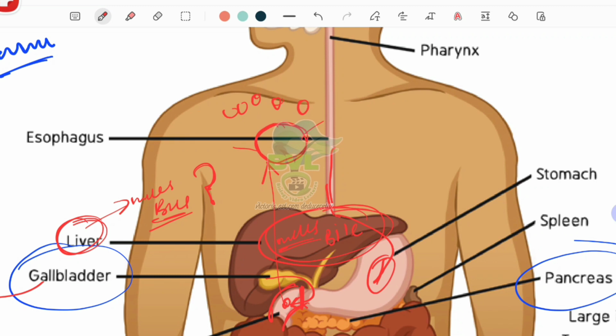So this is the large fatty food you have eaten. It is emulsified into smaller droplets, which makes it easy for the enzymes that digest it to do their job. What is the enzyme that digests fatty food? It's called lipase, because lipase works on lipids.